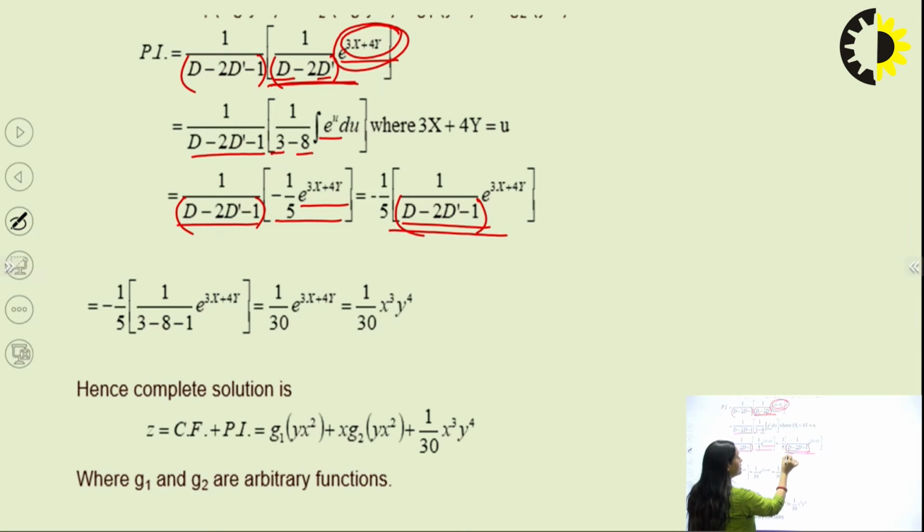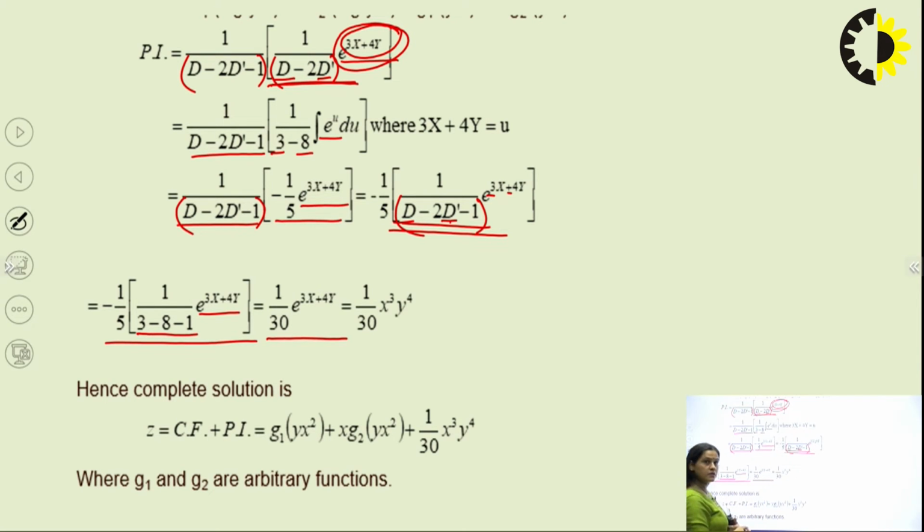We simply write D is equal to a, which here is 3, and D dash is equal to b, which here is 4. So we replace D by a and D dash by b, which are here 3 and 4. So we will get minus 1 by 5 within the brackets 1 upon 3 minus 8 minus 1 into e to the power 3x plus 4y, and we will get 1 by 30 e to the power 3x plus 4y.